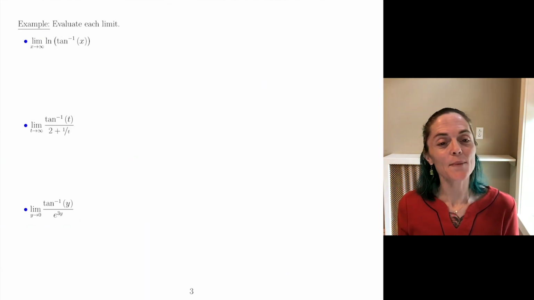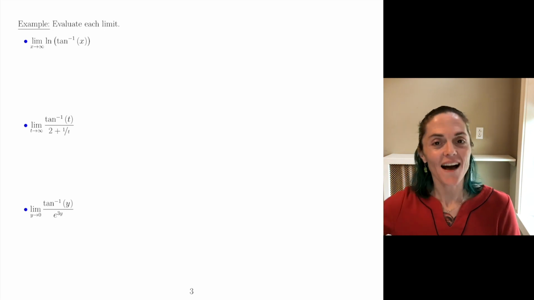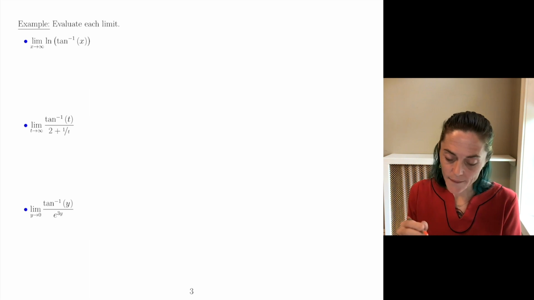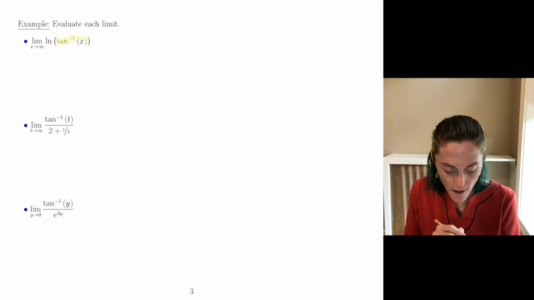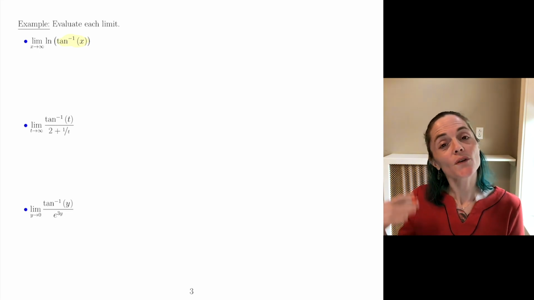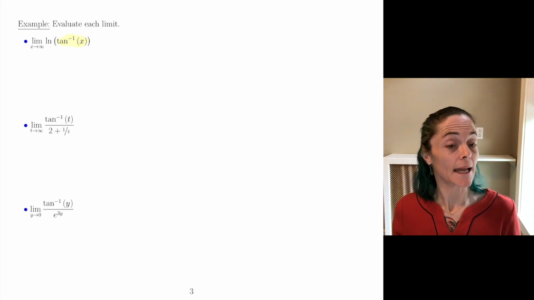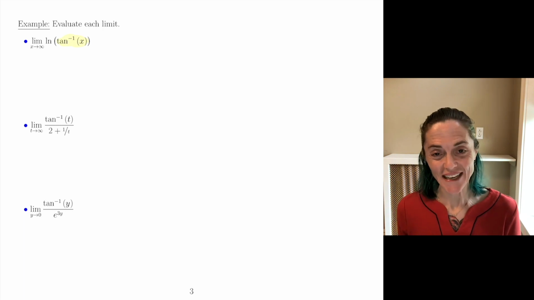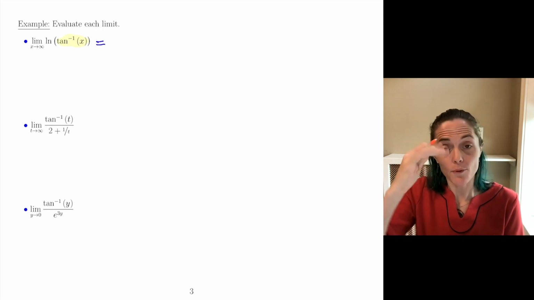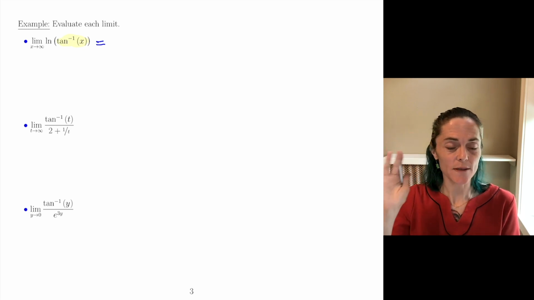Here are some examples practicing evaluating limits. The first one, well, we see the tan inverse on the inside of this natural log. Moreover, natural log is a continuous function with pi over 2 in its domain. So we may bring the limit inside the continuous function.